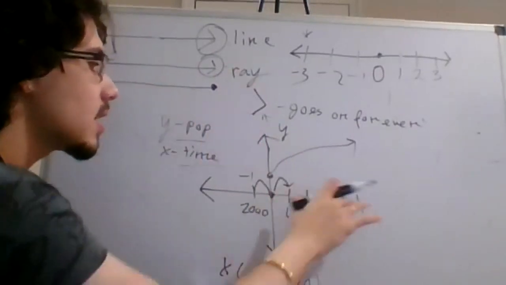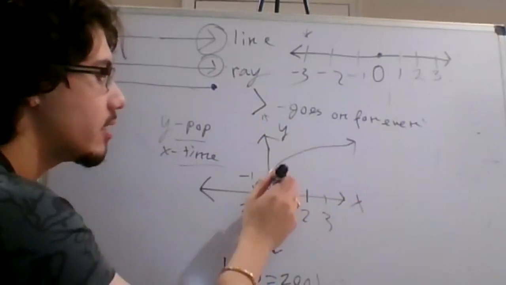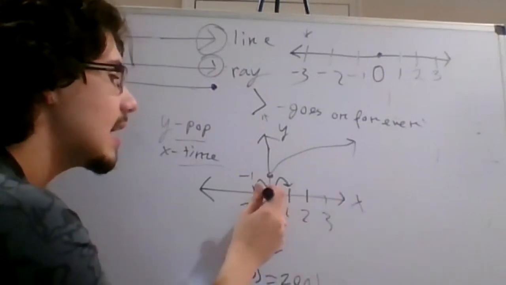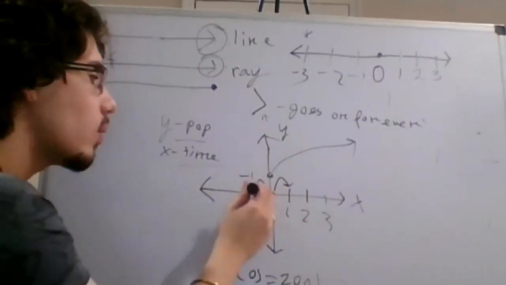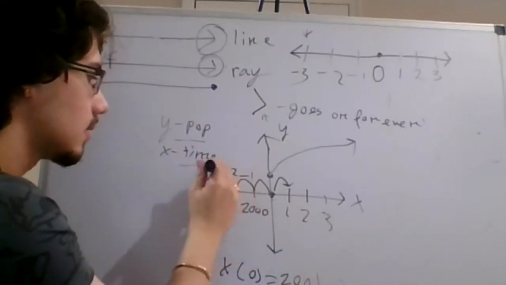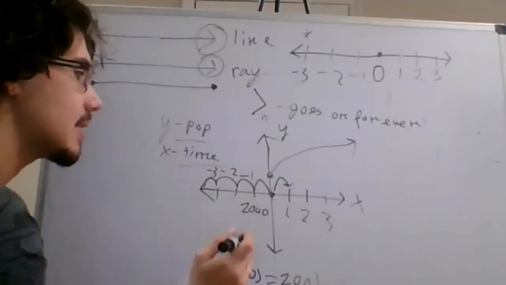So in calculus, when we use lines for our graphs, if we would normally say using a ray that this was year 1 and we counted years in the future, on an x-axis we would count years in the past. So this would be 2000, 1999, and 1998.